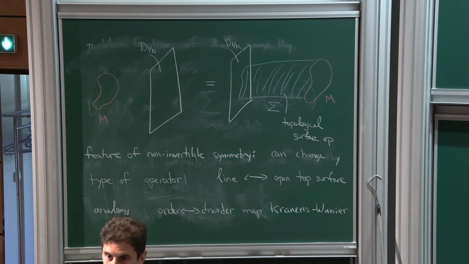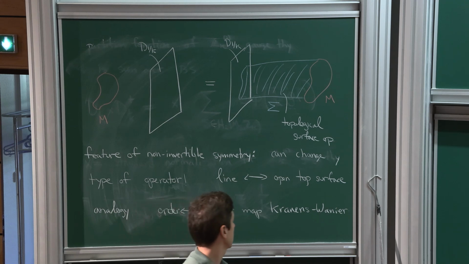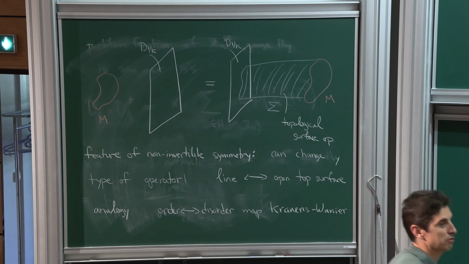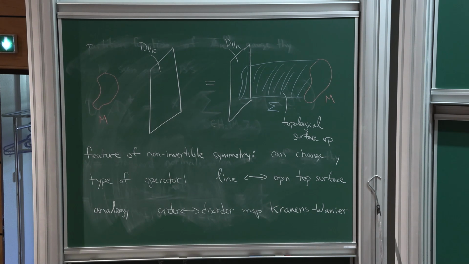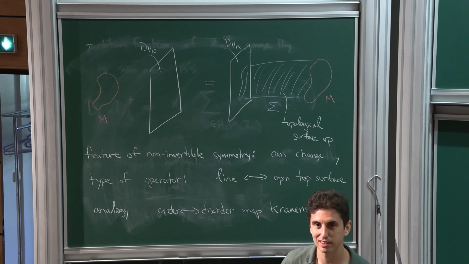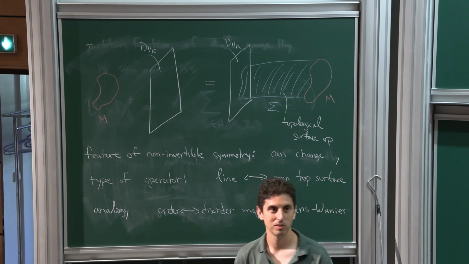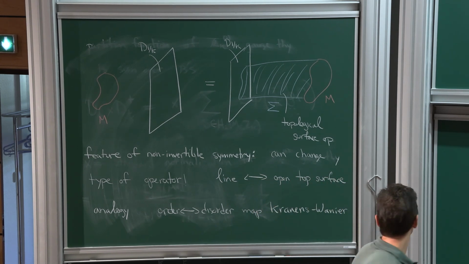I mean, you can combine the first with the second to get very sophisticated algebraic structures, higher groups involving non-invertible symmetries. People have tried to do that, but I'm not doing it here. Nothing else? Okay.